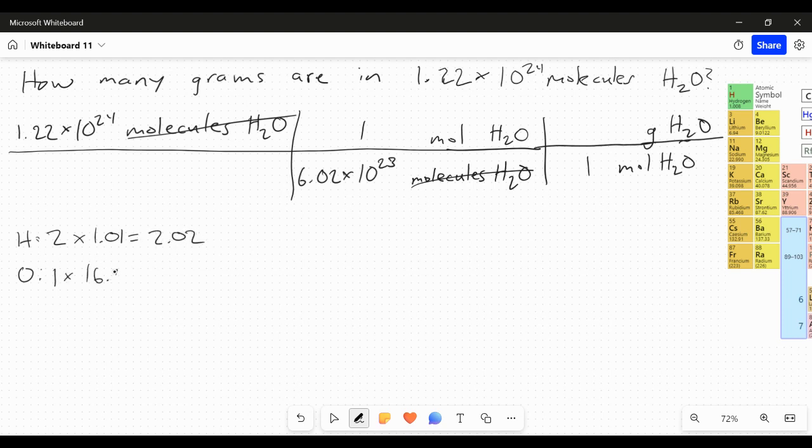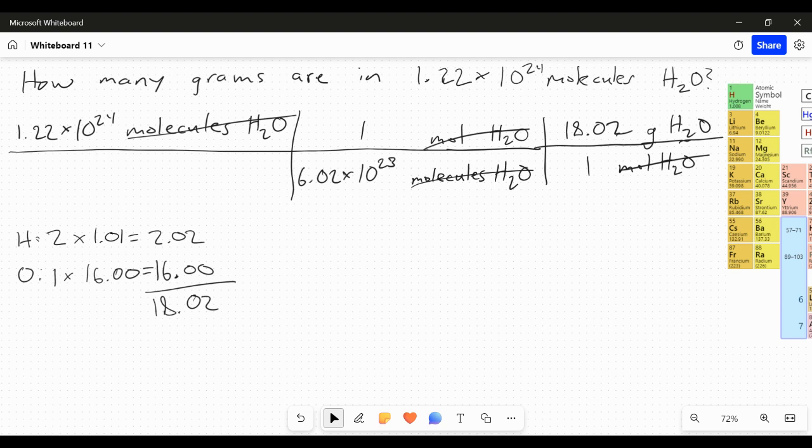Oxygen is 16.00. There's only one of those, so we just put that over. We end up with 18.02. Okay. Cancel out my moles of water unit because I have that on the top and bottom now. So the only unit I've got left is grams of water, which is what I'm looking for.